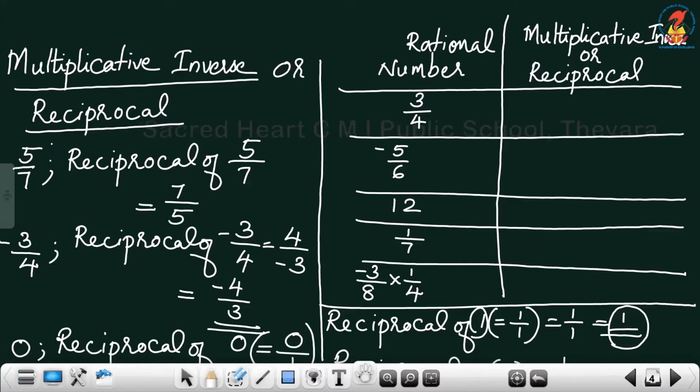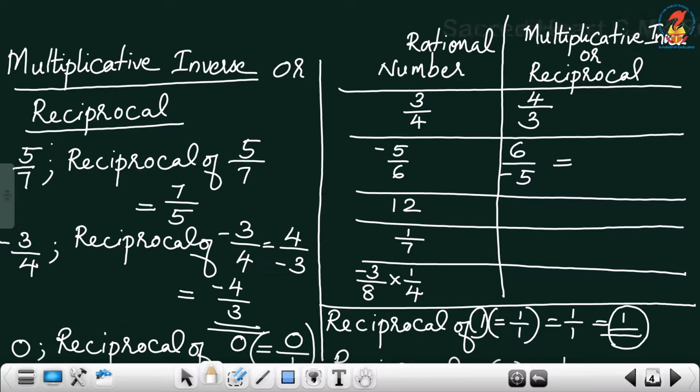Now we can consider these examples. The rational number 3 by 4 is given. What is the multiplicative inverse or reciprocal? It is 4 by 3. Then negative 5 by 6. What is the reciprocal? The reciprocal is 6 by negative 5. We can write it in the standard form.